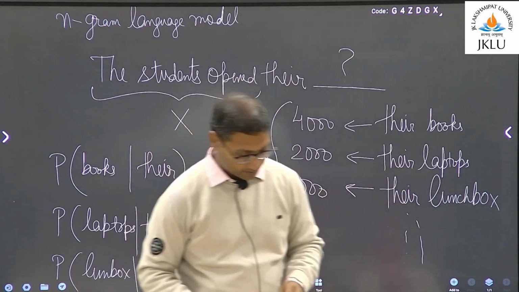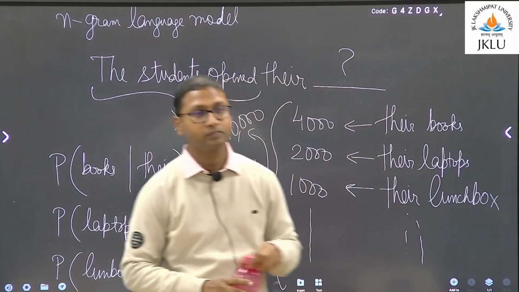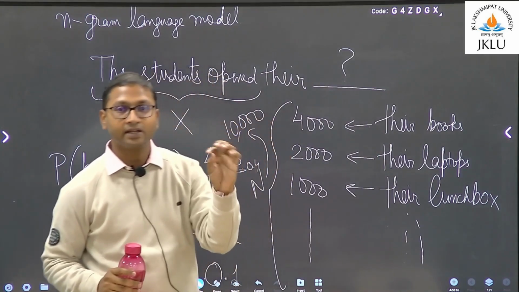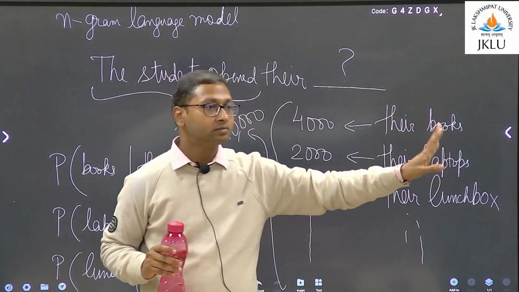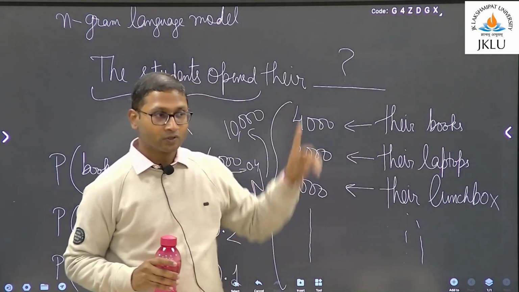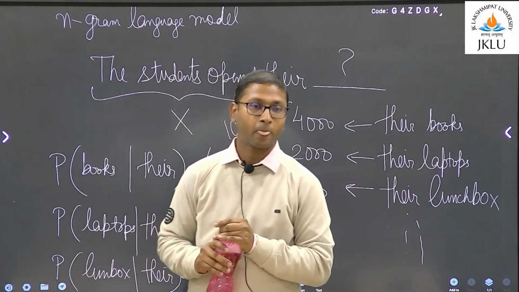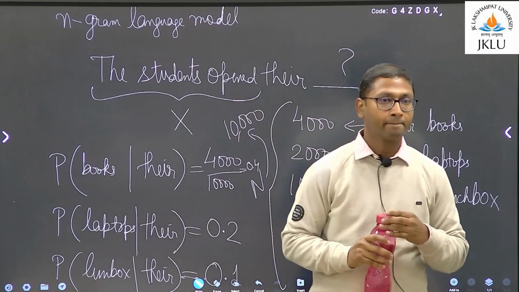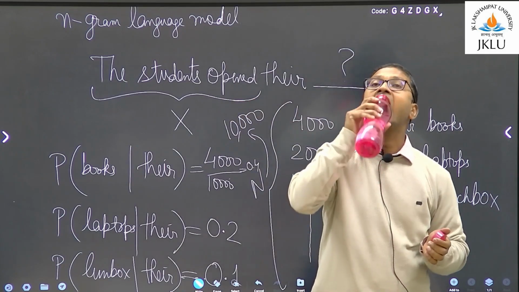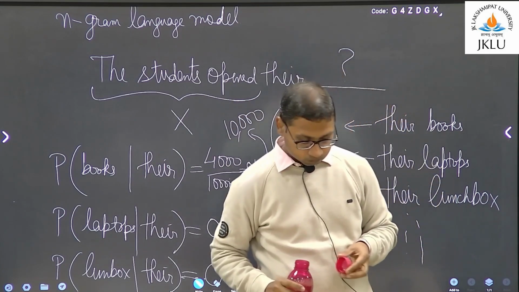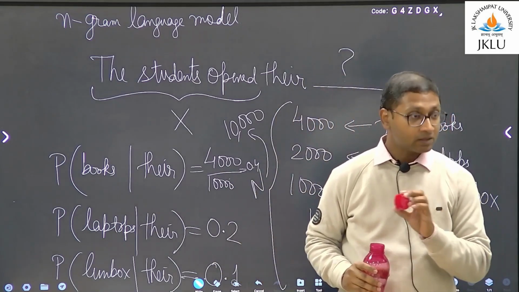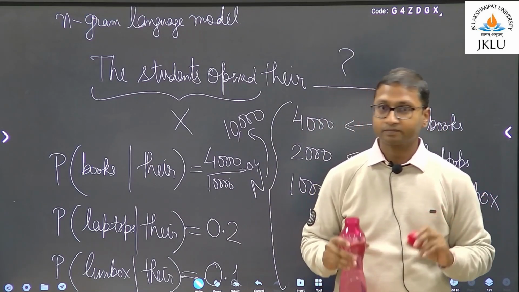What are the downsides? In computer science, you don't gain anything without giving up on something else. So, what is the problem here? Simple problem, you don't have to think a lot.